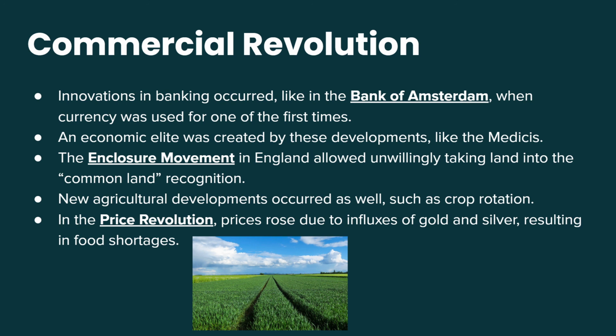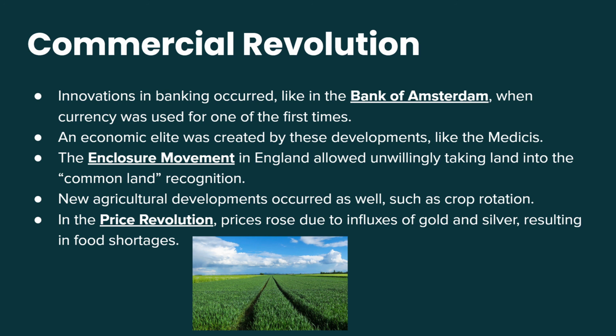And the economic elite helped to create these developments, like the Medicis. And in the enclosure movement in England, land was taken from owners and turned into common land. So they basically just took the land. They're like, this belongs to the nation, not you.